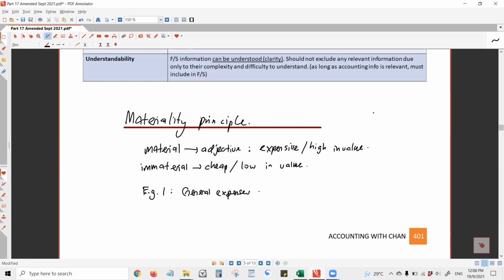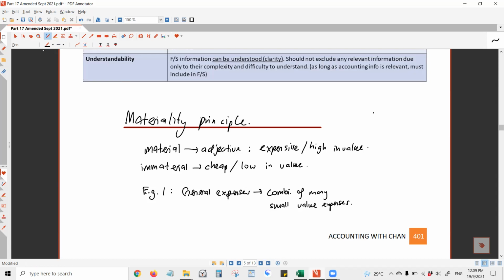It simply means the combination of many small expenses. So you may write down: the combination of many small value expenses. They are too small in amount.